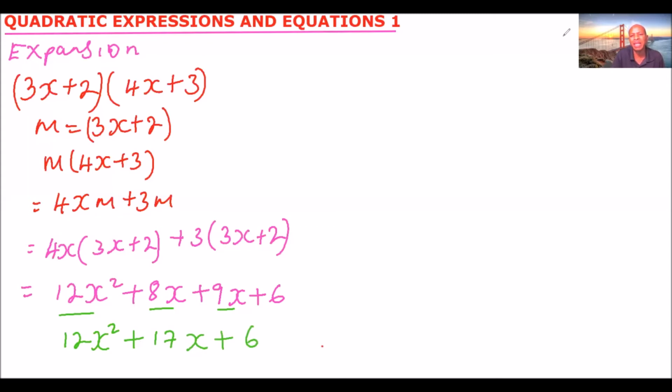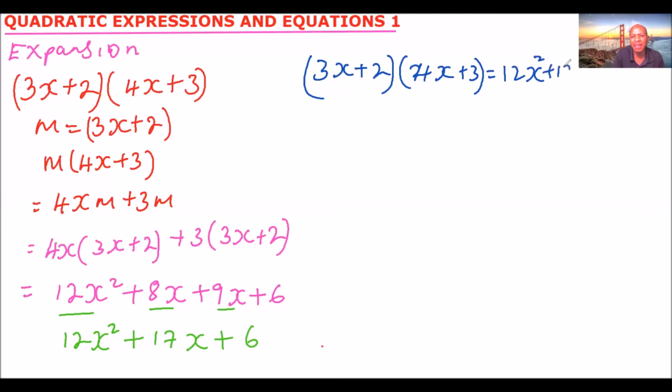What this means is that 3x plus 2 and 4x plus 3 is the same as 12x squared plus 17x plus 6 when you expand. So that is how you expand, and you get your quadratic expression.